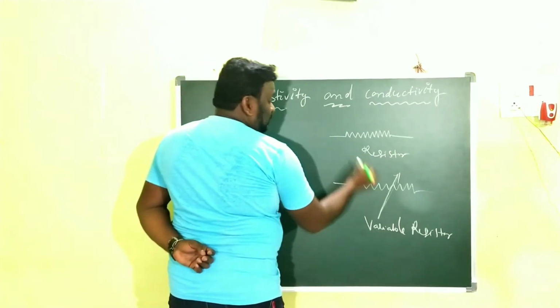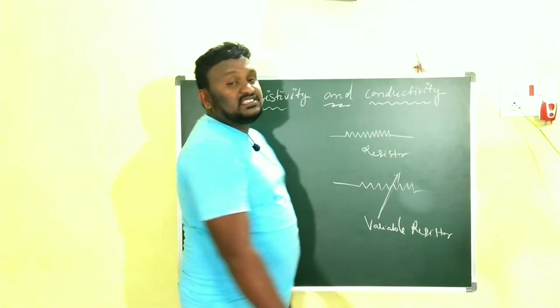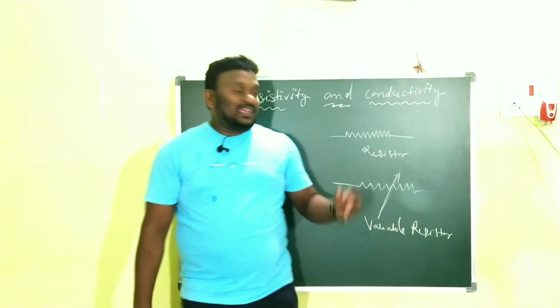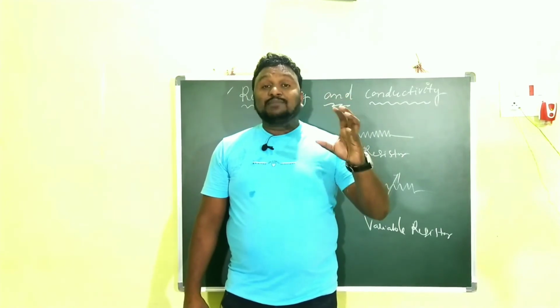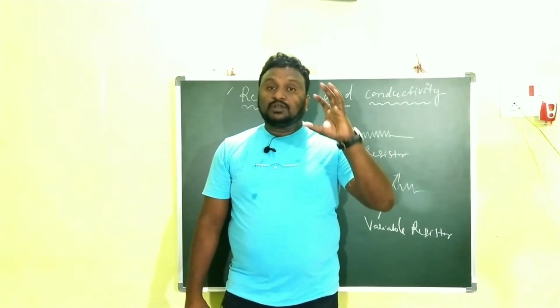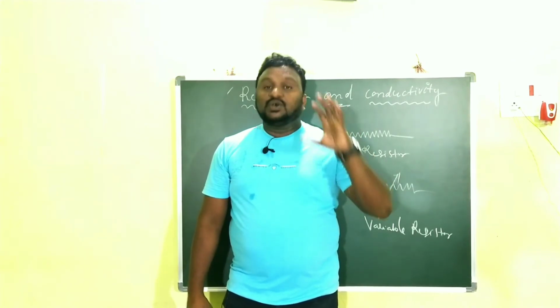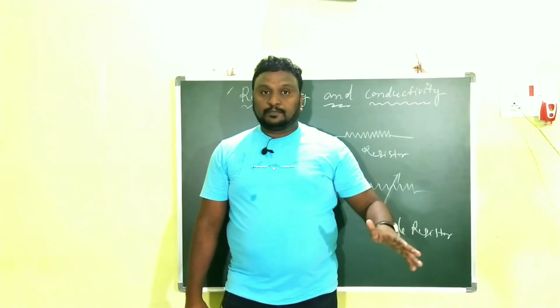What is the difference between a resistor and a variable resistor? A resistor, if you find it in the circuit like this, will stop the same amount of charges, or oppose the same amount of current, while the current passes through it continuously.